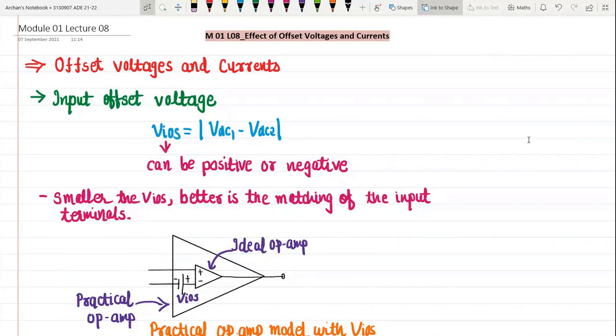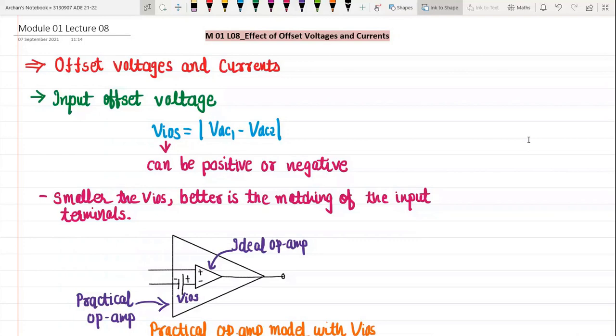Typically, when both the input terminals of an operational amplifier are grounded, in the ideal condition the output voltage should be equal to 0. But in this condition, the practical op amp will always show a small non-zero output voltage.